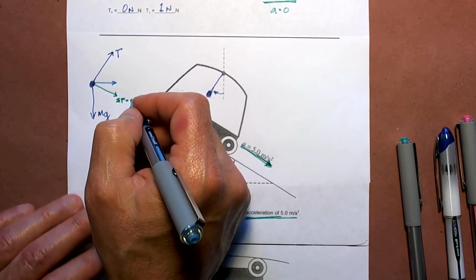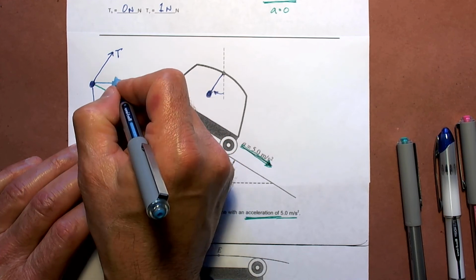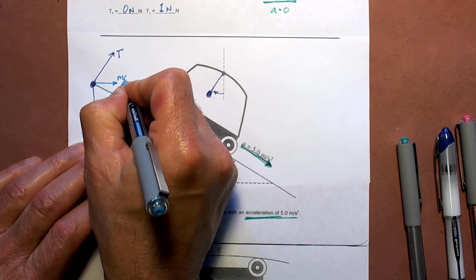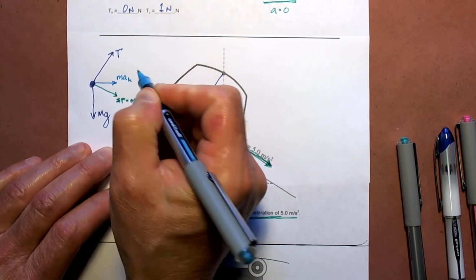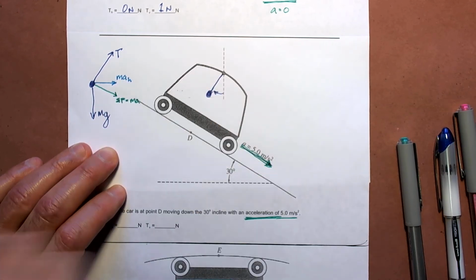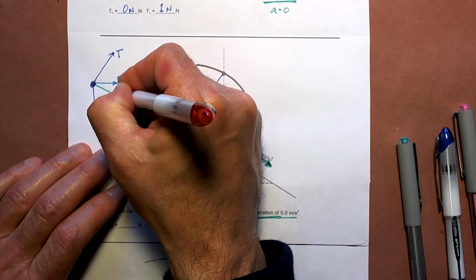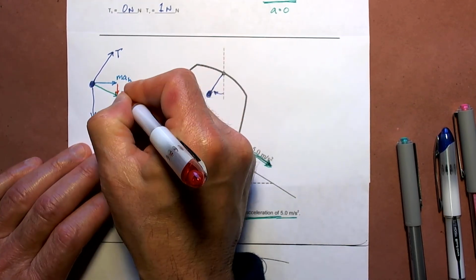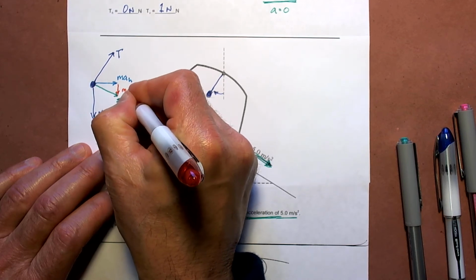So we'll call this MAH, because that's the MA force, but the horizontal component. And it's also going to have an MAV in red here. Call that MAV.